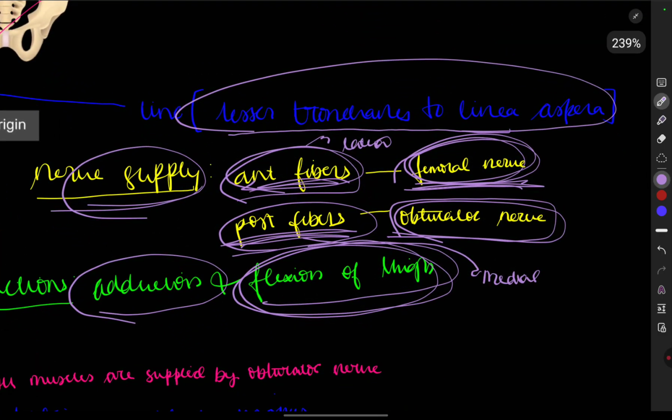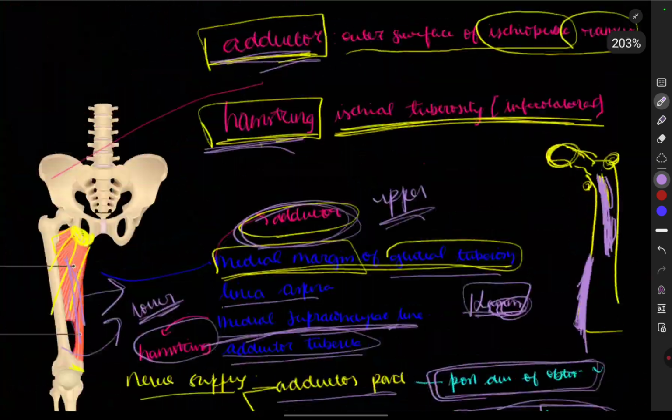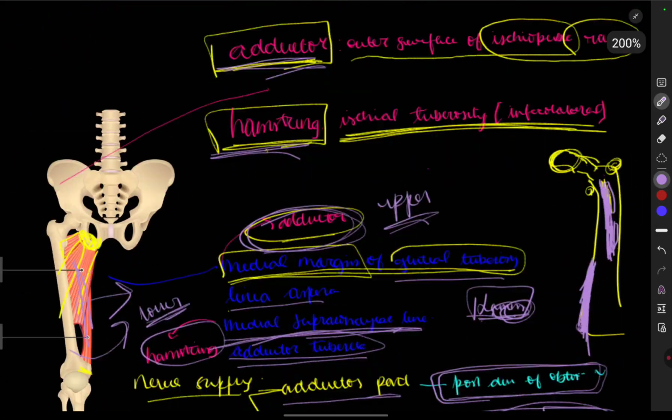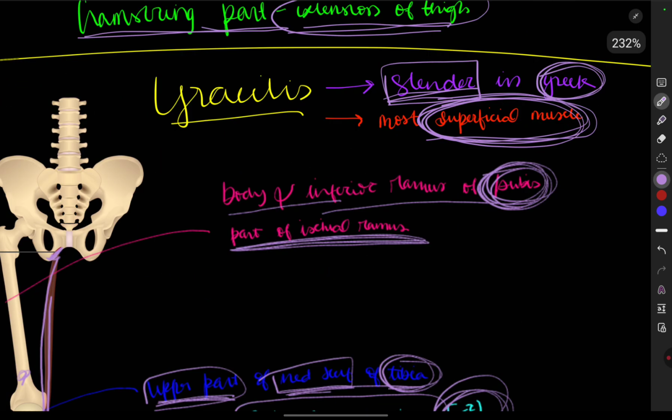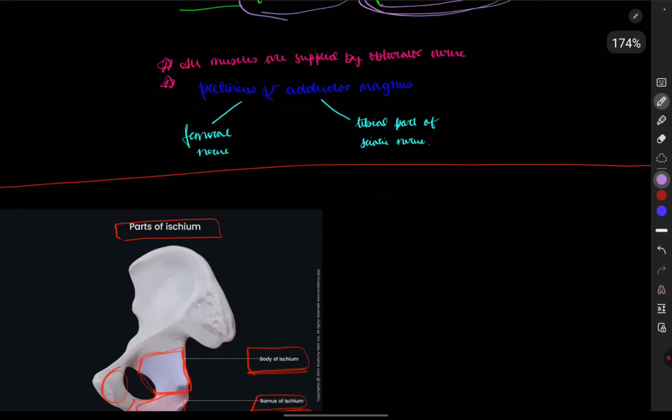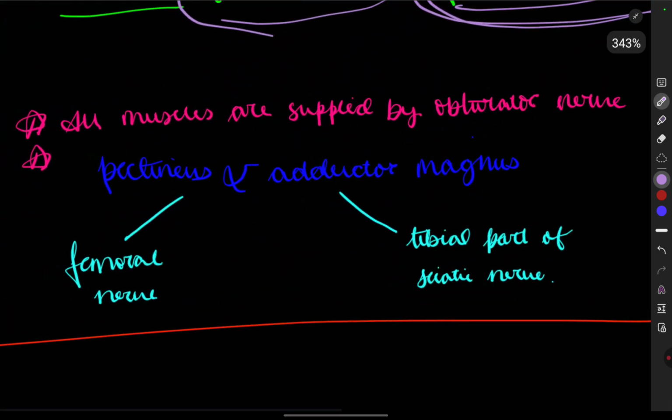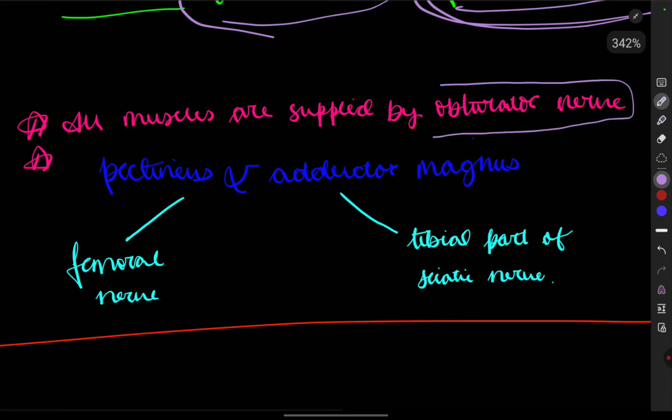We saw that the pectineus has a dual nerve supply, and the adductor magnus muscle as well. So adductor magnus and pectineus are the hybrid muscles in the medial compartment of the thigh.